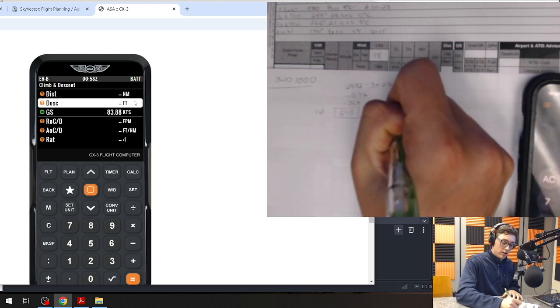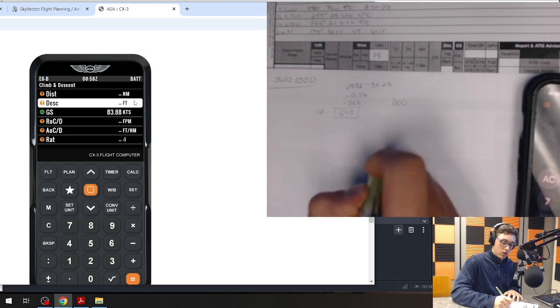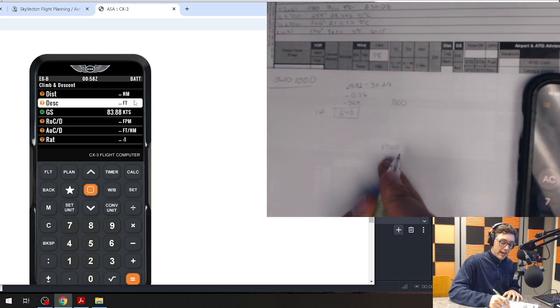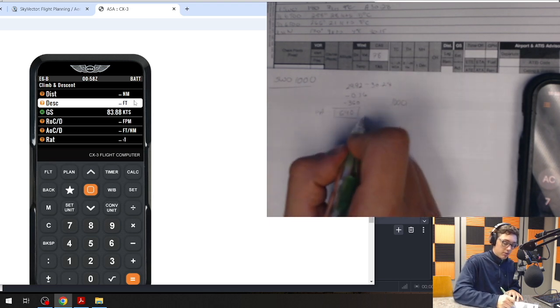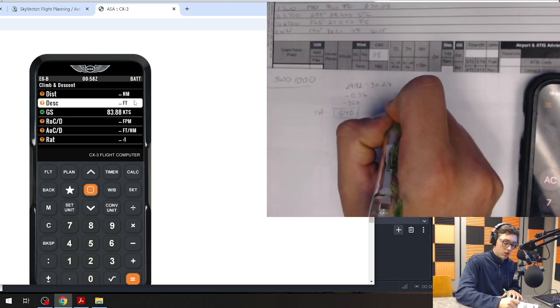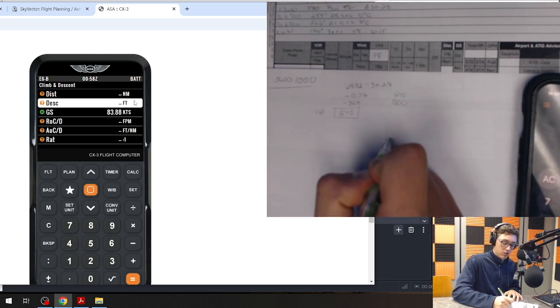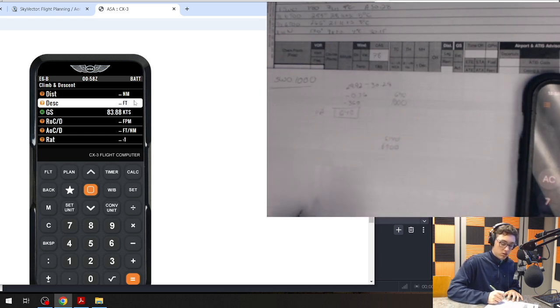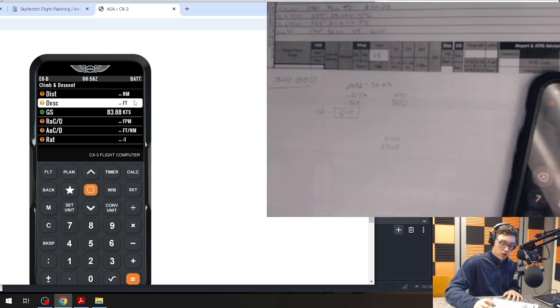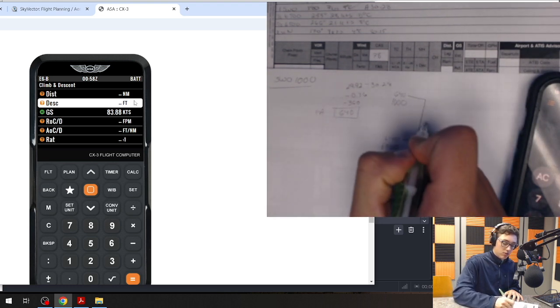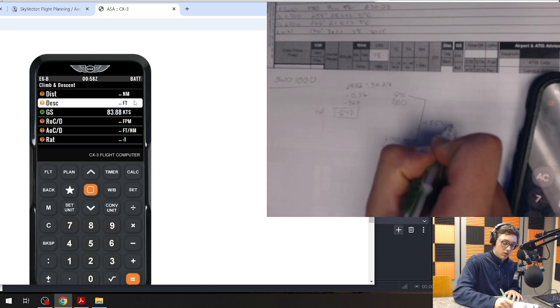I'm doing 6,500. My plane is actually performing. I found my pressure altitude earlier of 640, a difference of 360, and I just found 6,140 as my pressure altitude when I'm at altitude. So if I subtract those, 6,140 minus 640 gives me 5,500 of a difference that I'm climbing.